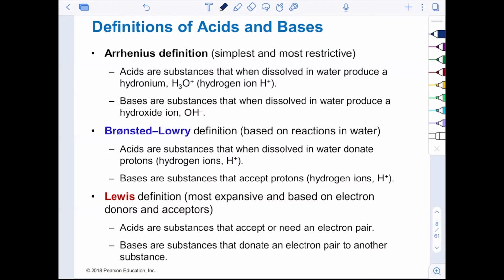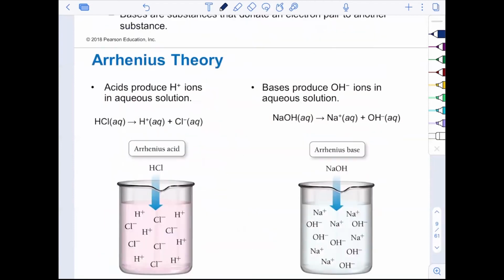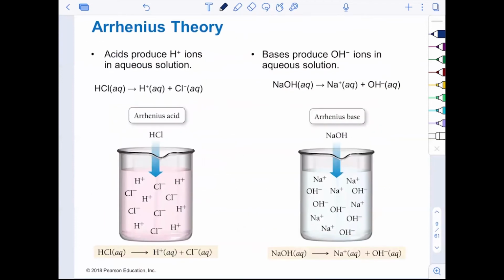The Lewis definition is the most expansive and based on electron donors and acceptors in reactivity. Acids are substances that accept or need an electron pair. Bases are substances that donate an electron pair to another substance. We will be mostly looking at the Bronsted-Lowry definition, but we will introduce Lewis as well at the end of our chapter.